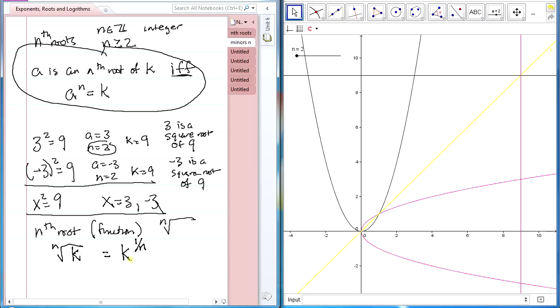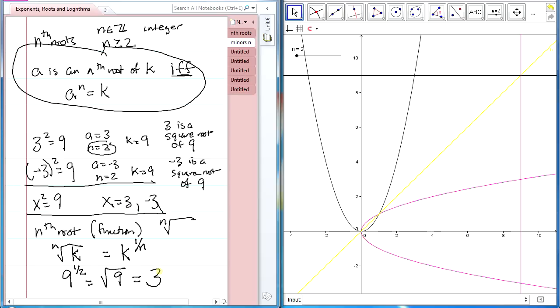So if I say k to the 1/nth, I am actually saying the nth root of k. So if I were to say 9 raised to the 1/2, I actually do mean the square root of 9. And unfortunately, because of the rules of functions, I'm only allowed to get one answer out, and that answer happens to be 3.